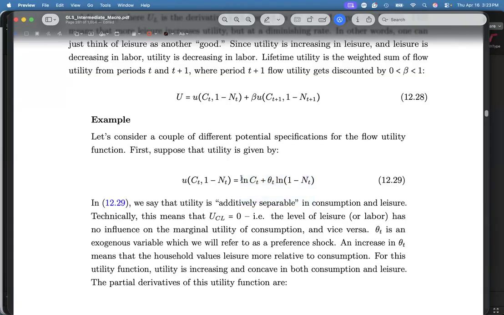Okay. Next, but this is not strictly speaking the CRRA because you have a second term here with a theta t as the coefficient. Okay. So this is not necessarily a CRRA. This is just what's called log flow utility function. Okay. For consumption and for leisure.